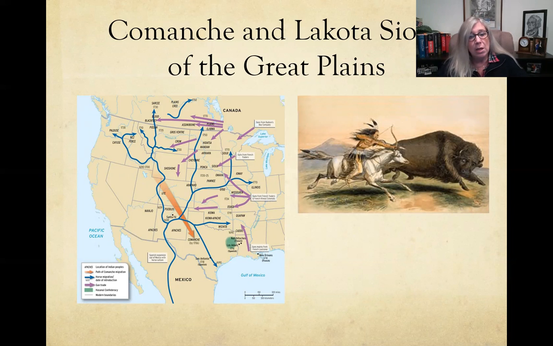But as the Americans began to come further and further into their territory, they began to set up these trade operations, because Europeans began to really covet the hides of these buffalo, and they would make buffalo coats out of them. And so trade deals began to develop, where the Lakota Sioux and the Comanche would hunt the buffalo, and then in return, they would be getting goods from the Americans and the Europeans.